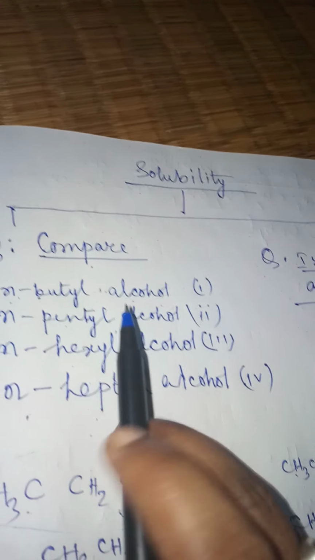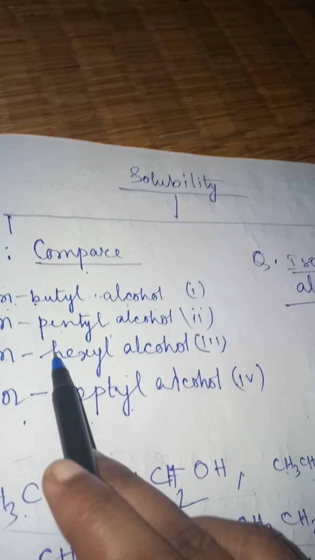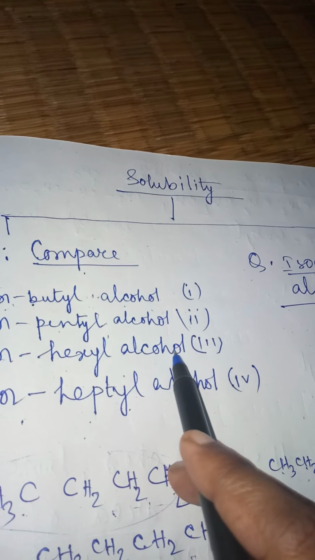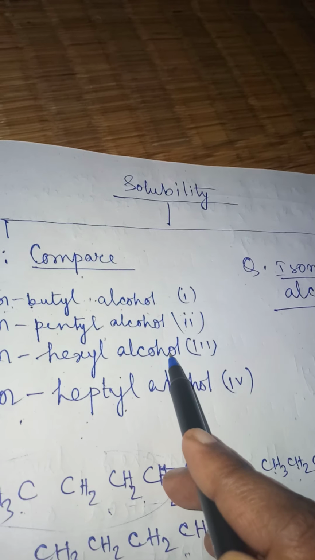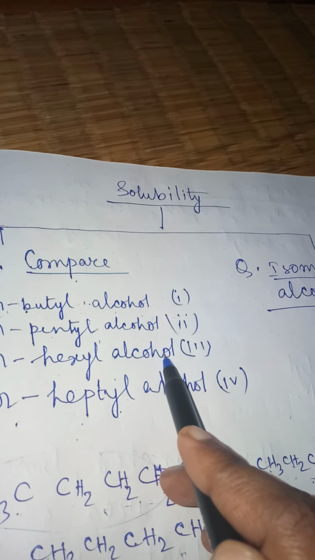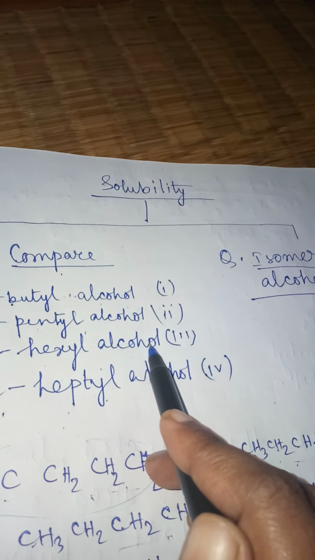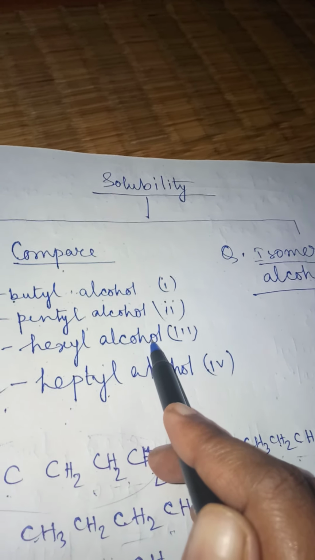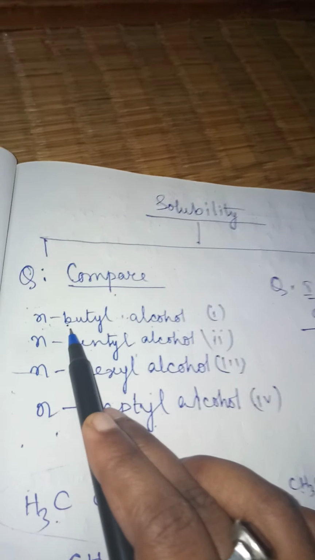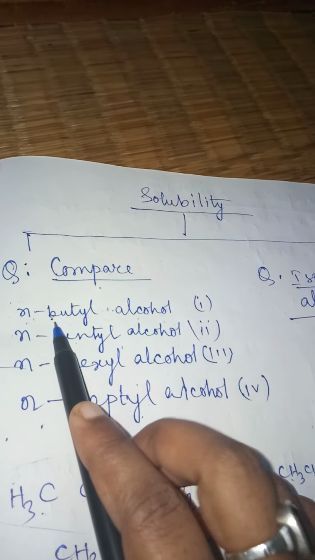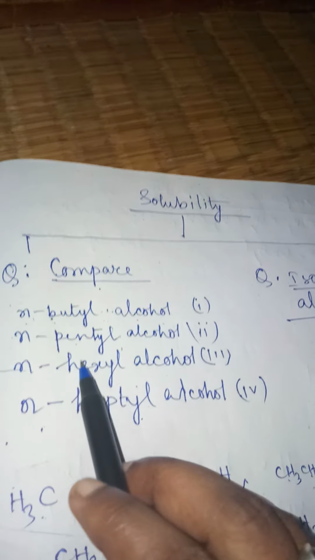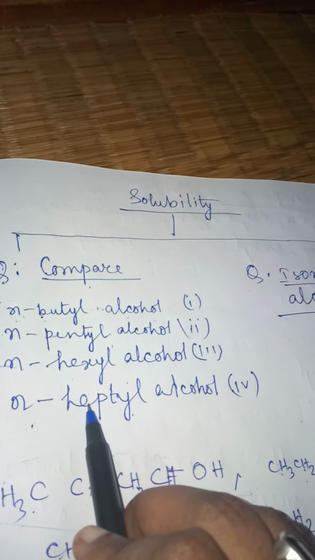The higher the number of carbons in the hydrocarbon chain, the higher the steric hindrance, or the lesser the tendency to form hydrogen bond. Hence the lower alcohol will always be more soluble than the higher alcohol in water.